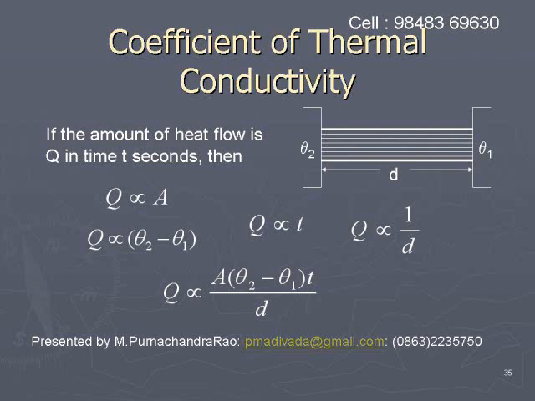Hence, Q is proportional to A into theta 2 minus theta 1 into t, whole divided by d.